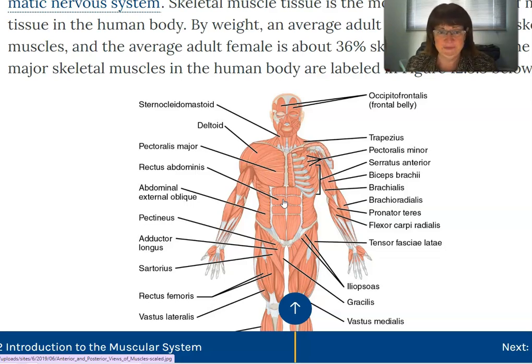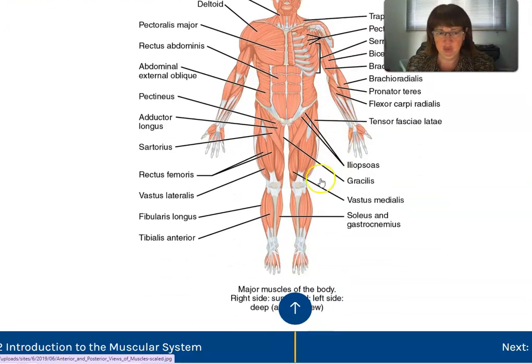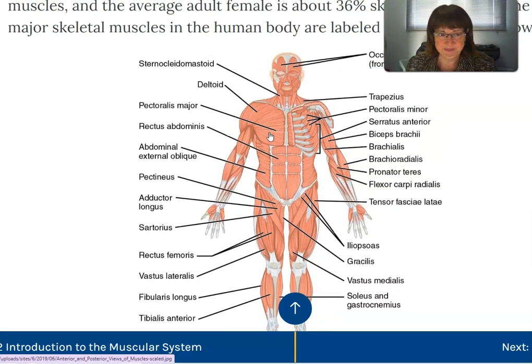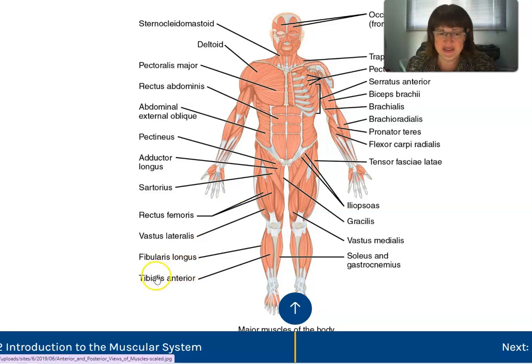It's based on the location is one thing. The rectus femoris is a good example. The rectus femoris is over the femur bone. And the tibialis anterior is the one on the front, anterior, and it is over the tibial bone. So that is one way to name things.